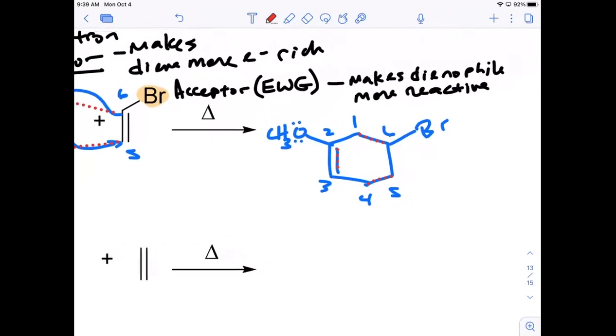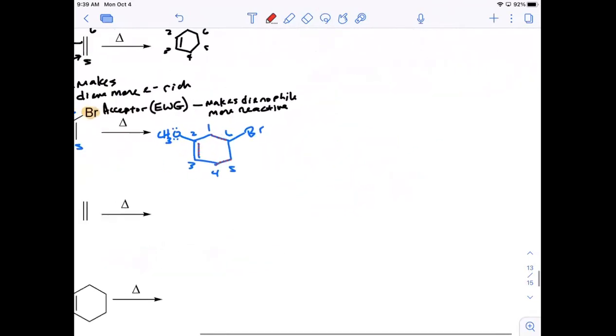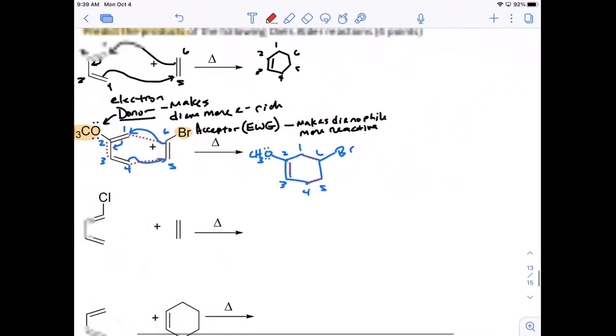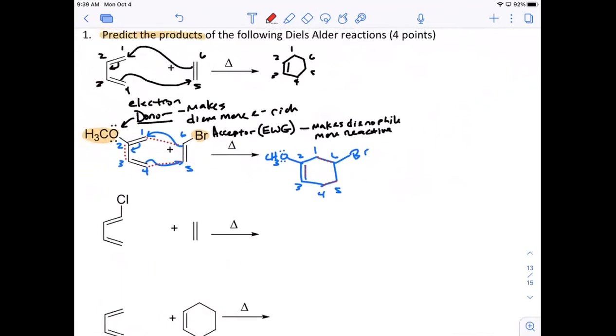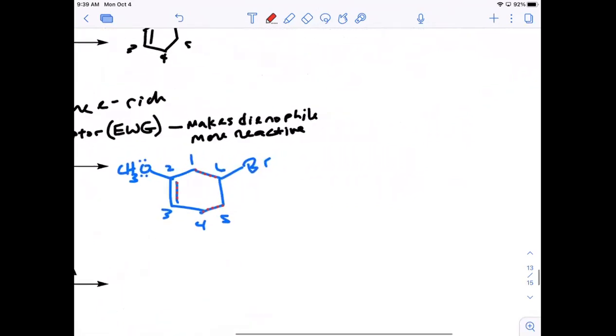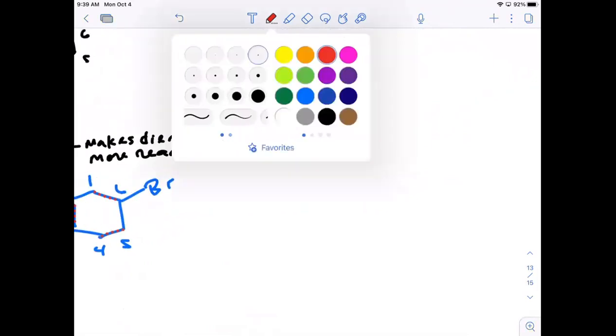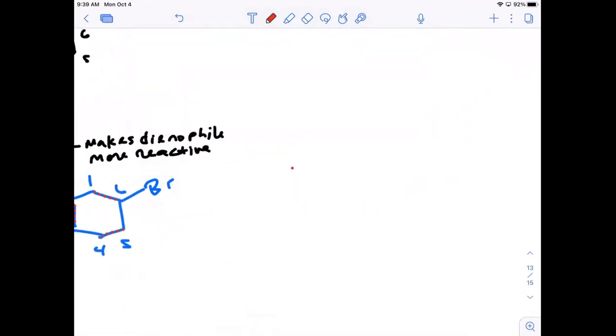All right. So again, with these donors and acceptors, donors on the dienophile make it more reactive, right? Let me give you some examples of what a donor would be: an alkoxy group, oxygen directly attached to the dienophile.